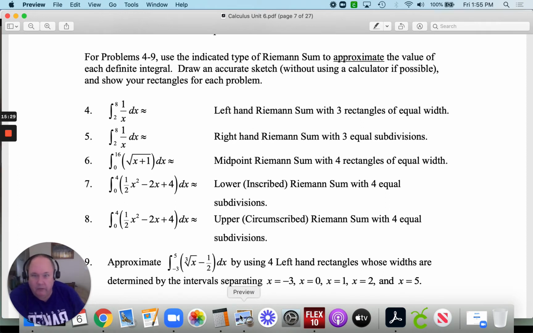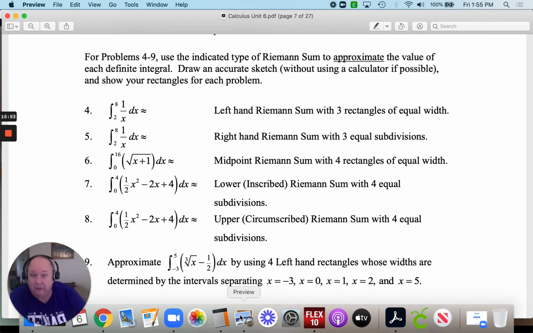The square root of x plus 1, from 0 to 16. So first of all, what would the graph look like?